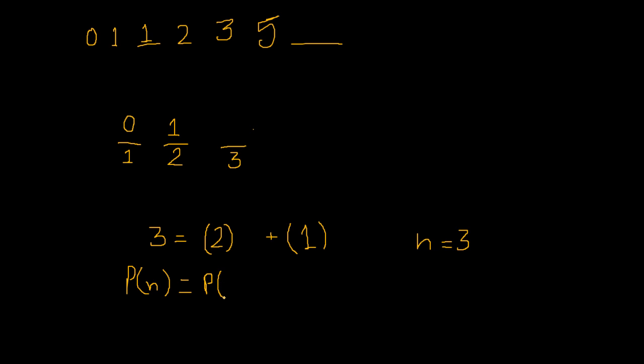So first we find the element at position n minus 1, plus the element at position 1, which is 3 minus 2, that is position n minus 2. So this is the general formula we obtained: to find the element at any position in the Fibonacci series, add the element at the n minus 1 position with the element at the n minus 2 position.